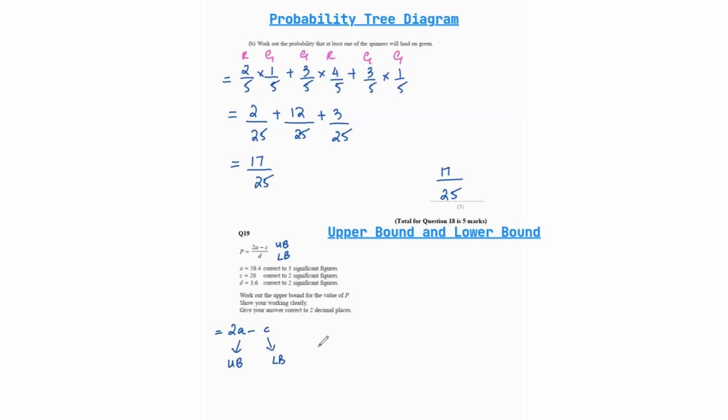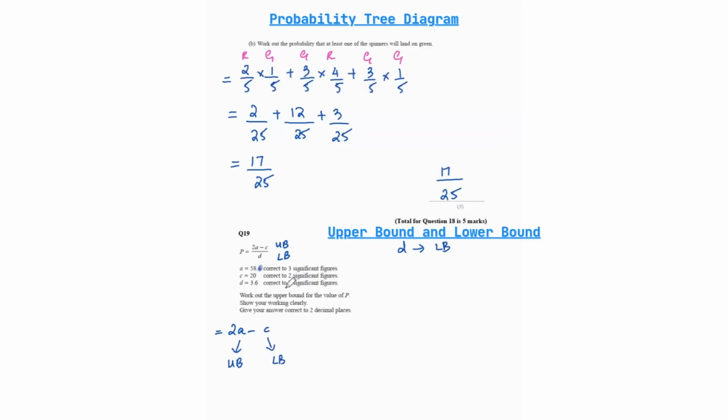This way we'll get the biggest possible value. So we need to find the upper bound of A, lower bound of C, and for D, it has to be lower bound as well. So let's start with A. For A, it says that the value is 58.4, correct to 3 significant figures. So correct to 3 significant figures, we need to see what the third significant figure is.